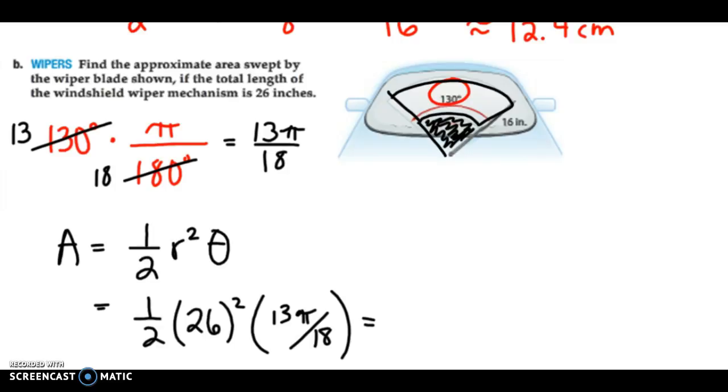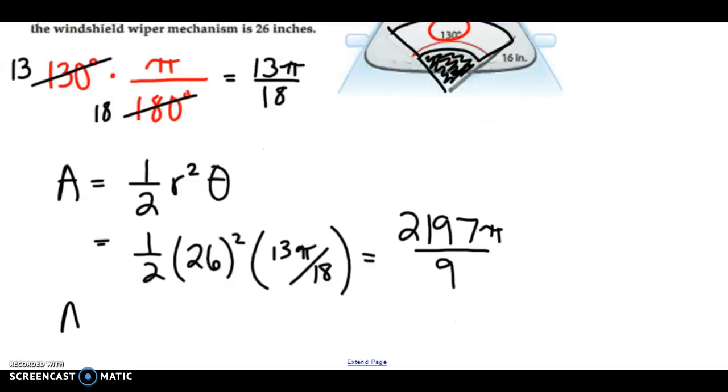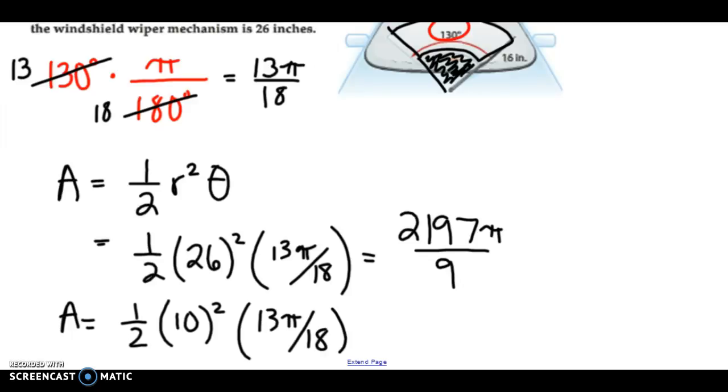So I put that into my calculator, and I find that that's going to be 2,197 pi over 9. If you're wondering how I got that, go ahead and do it on your own on your calculator. Now, we have to find the area of the second part, the part that we're going to subtract. So that's going to be 1/2. The radius is going to be 10 inches squared, and 13 pi over 18 stays the same.